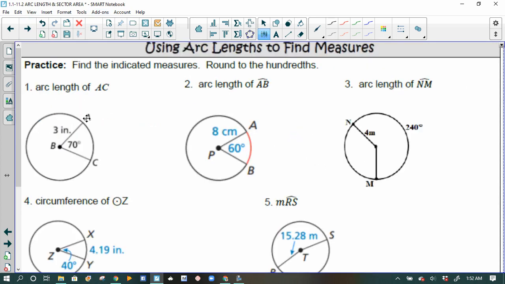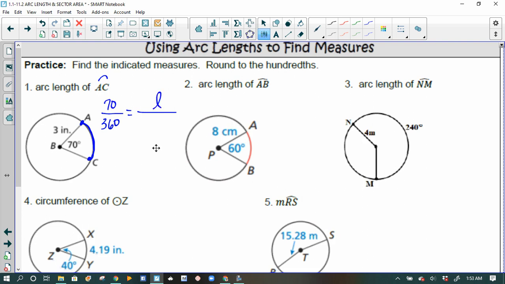So if I want to find the length of arc AC, so I want to know the length. How far is it if I'm standing at point A? How far do I have to walk to get to point C? So using the proportion, 360 always goes here, it never changes. The measure of the arc is 70 degrees.